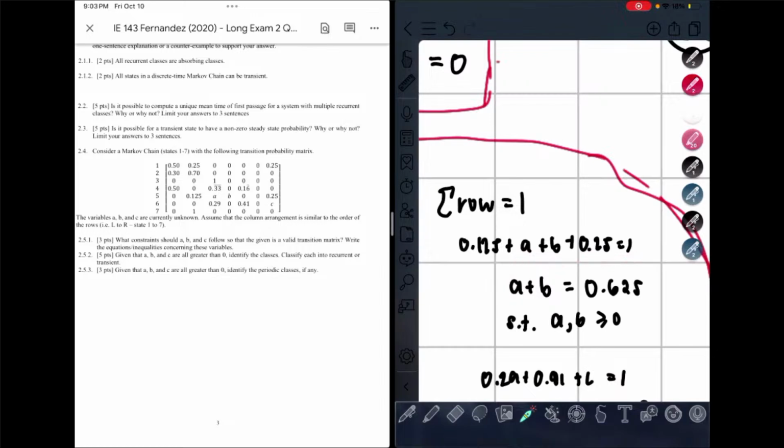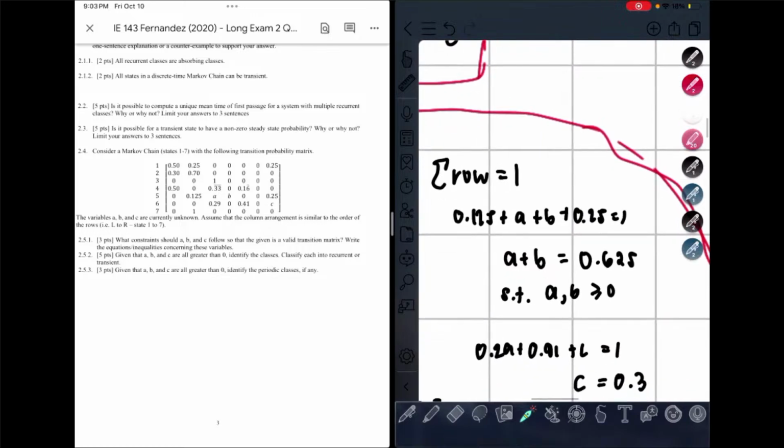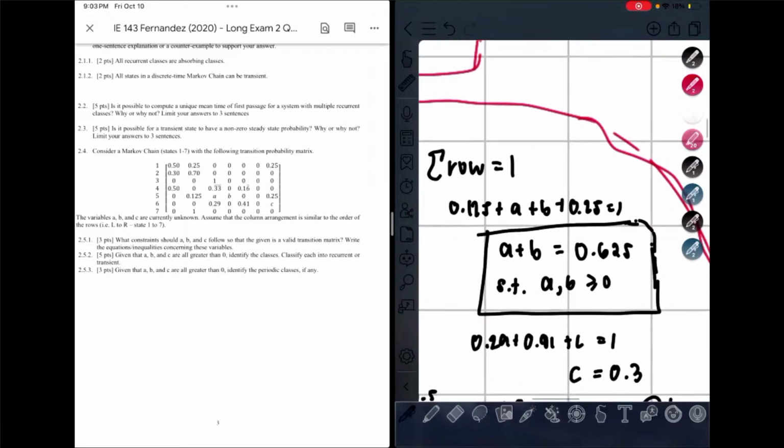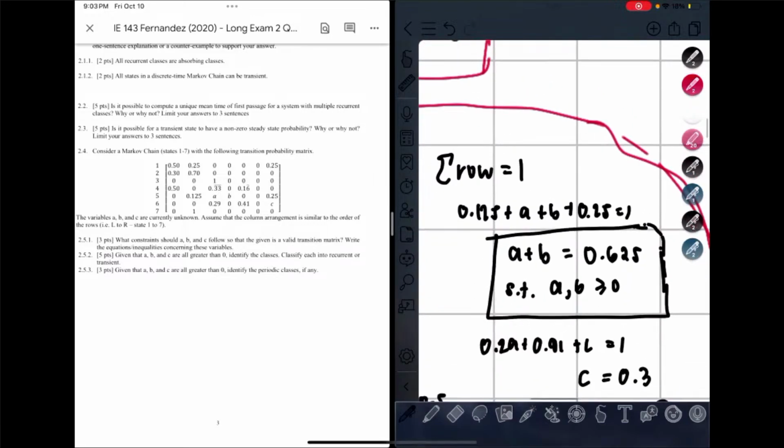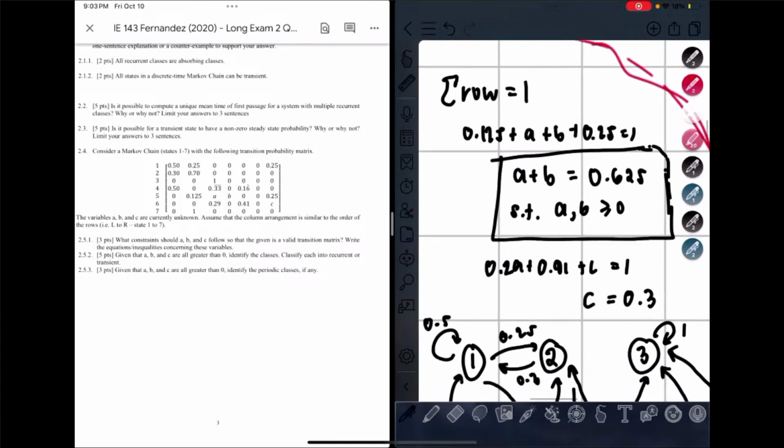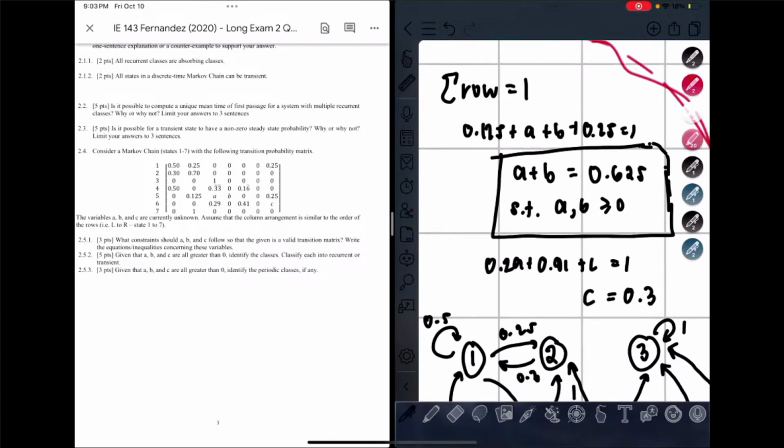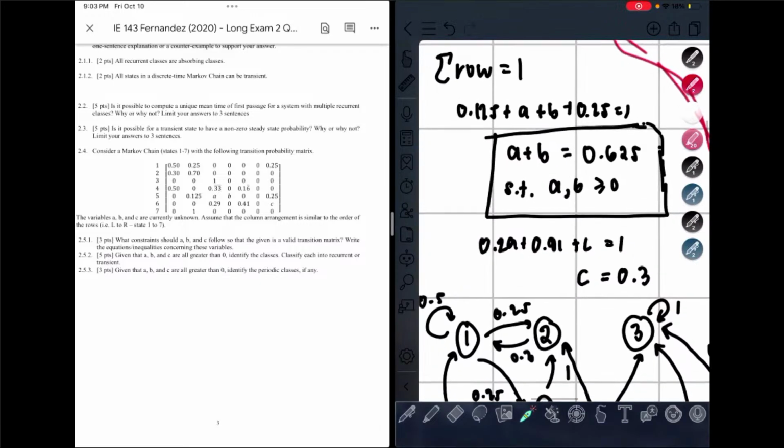And then A plus B, therefore, just moving it around, is equal to 0.625. So this is the final answer na, because there's no way to solve further pa. Basically, both of them just have to add up to 0.625 such that both A and B are non-negative. Right? Because it can't have negative probabilities. The same process is true for C. So 0.29 plus 0.41 plus C is just equal to 1. Solving that, you just get C equals 0.3.